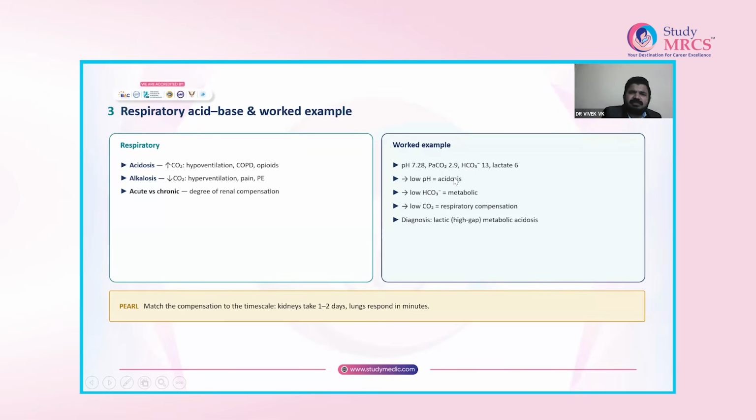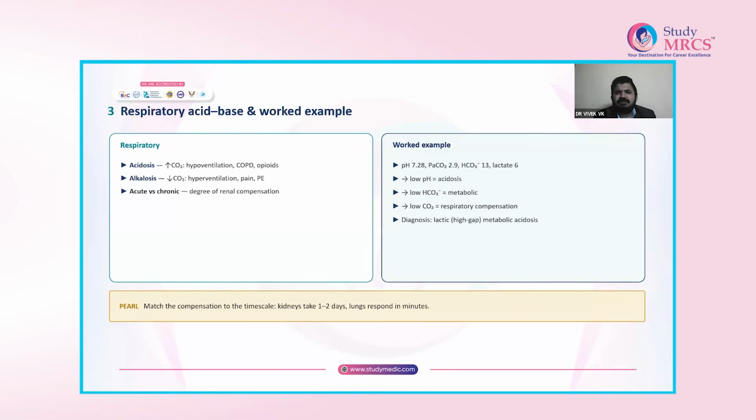That means the patient has acidosis, because the pH is less than 7.35. Then the bicarbonate level. What is the normal bicarbonate level? You can take it as around 22 to 26. Here the bicarbonate is low. That means it's metabolic. Here the carbon dioxide is also low.